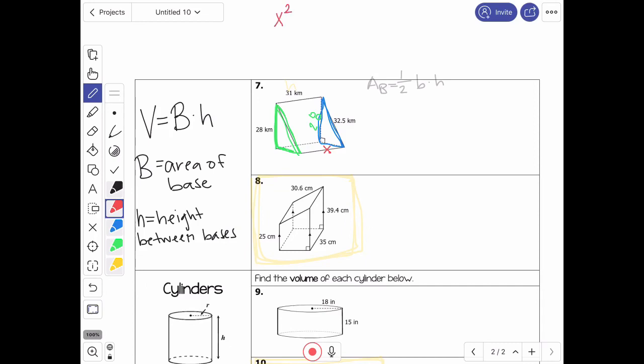So I'm going to have x squared plus 28 squared equals 32.5 squared.